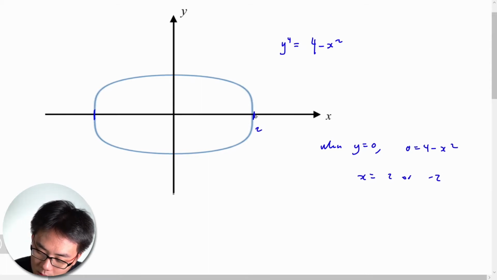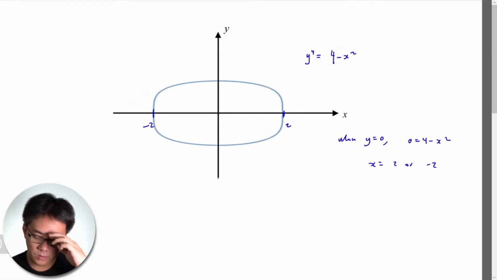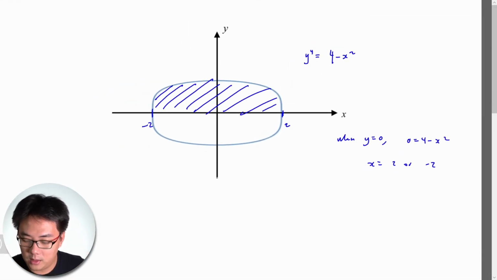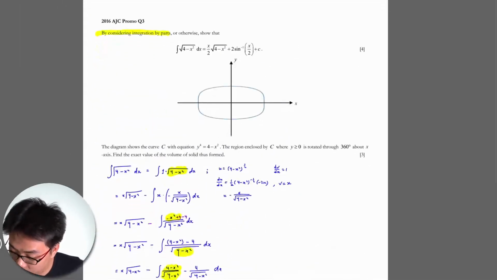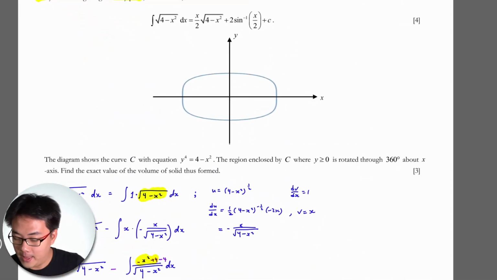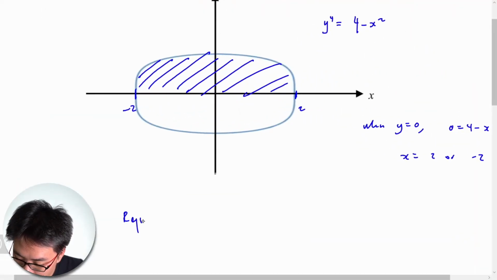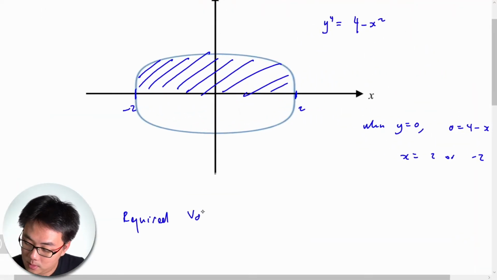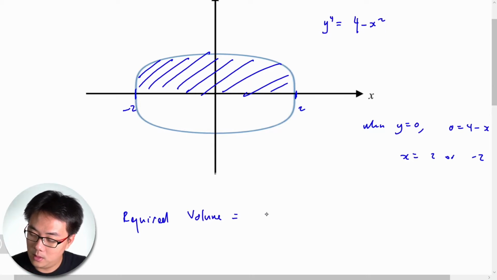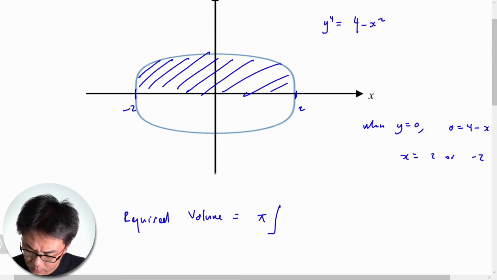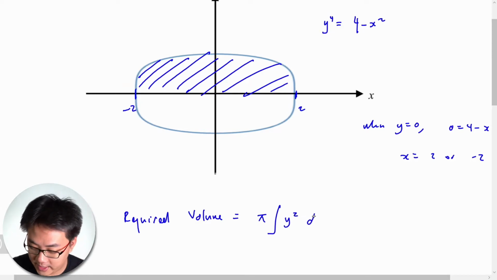Okay, so what we need is actually this graph here rotated about the x-axis. What we need is the required volume, pi integral of y squared dx from -2 to 2.